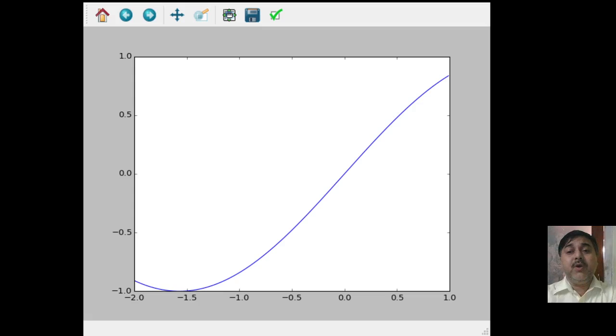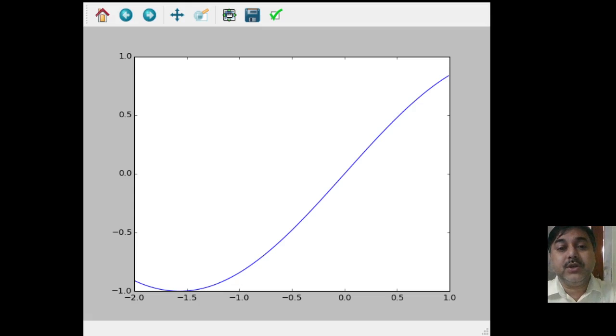Okay, so here you can find the particular values that you can see: -2, then -1.5, then -1, then -0.5, 0, plus 0.5, then 1.0 has been given there.